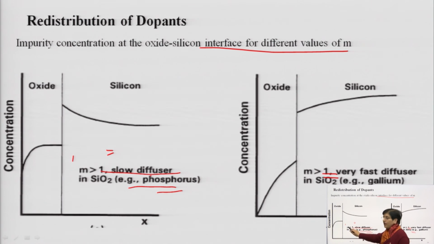Here you have m greater than 1 with a slow diffusing species, and here a faster diffusing species, with the value of m higher than 1. So the diffusion profile is totally changing within the oxide and within the silicon. This redistribution of dopant is happening at the silicon dioxide interface. So whenever you are fabricating the device, you need to take care of these factors also, so that you get precise diffusion profiles.